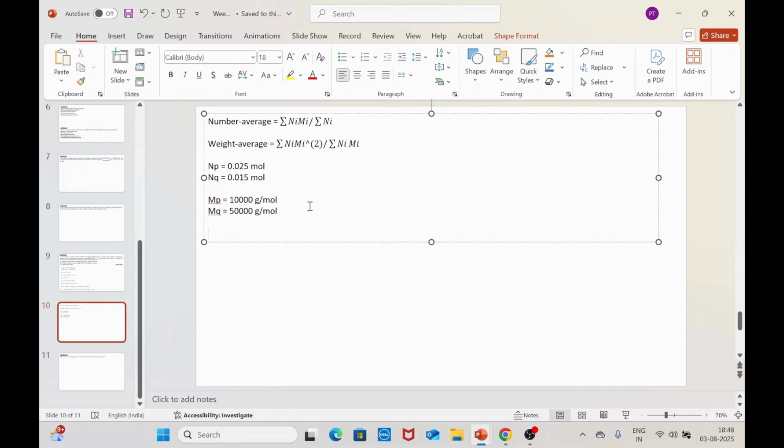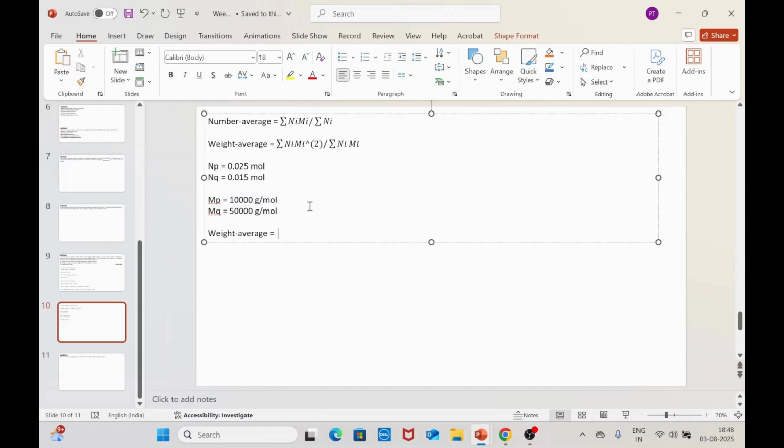Yeah, what is the answer? For weight average, it's just going to be NI MI square.